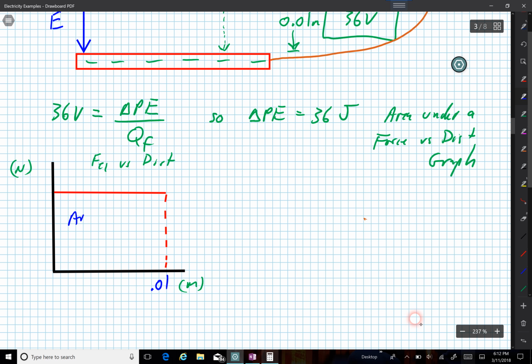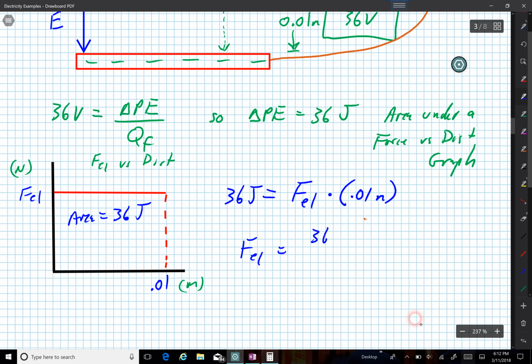And this area is 36 joules. And I know the width now, and so I should be able to figure out the height, right? Because 36 joules equals force electric times 0.01 meters. And I should be able to solve that simple equation.